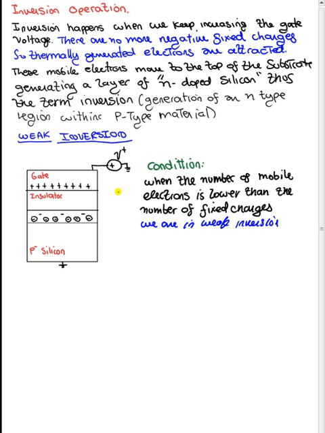Here is the number of fixed charges and here are the mobile electrons. As you can see, there are way more fixed charges than mobile electrons, therefore we are in weak inversion.